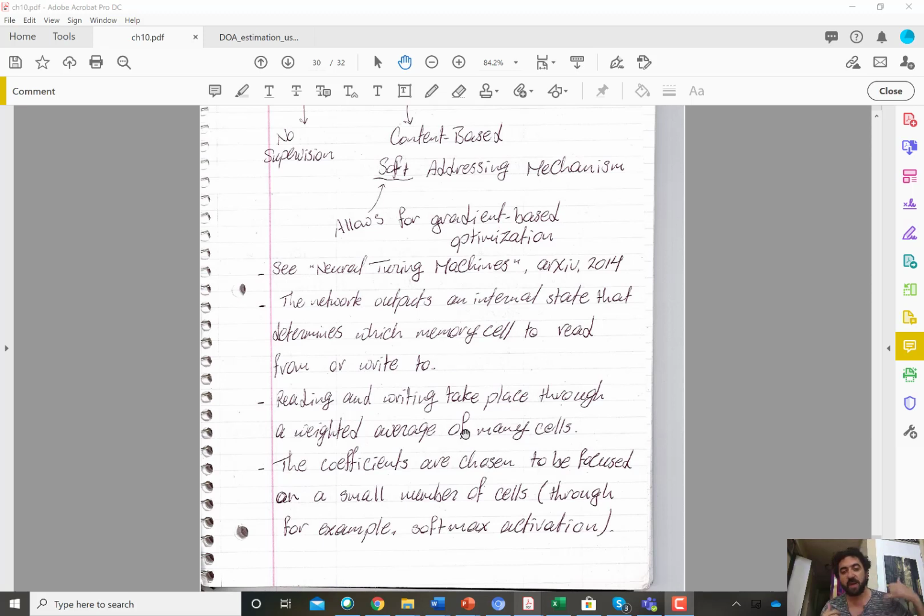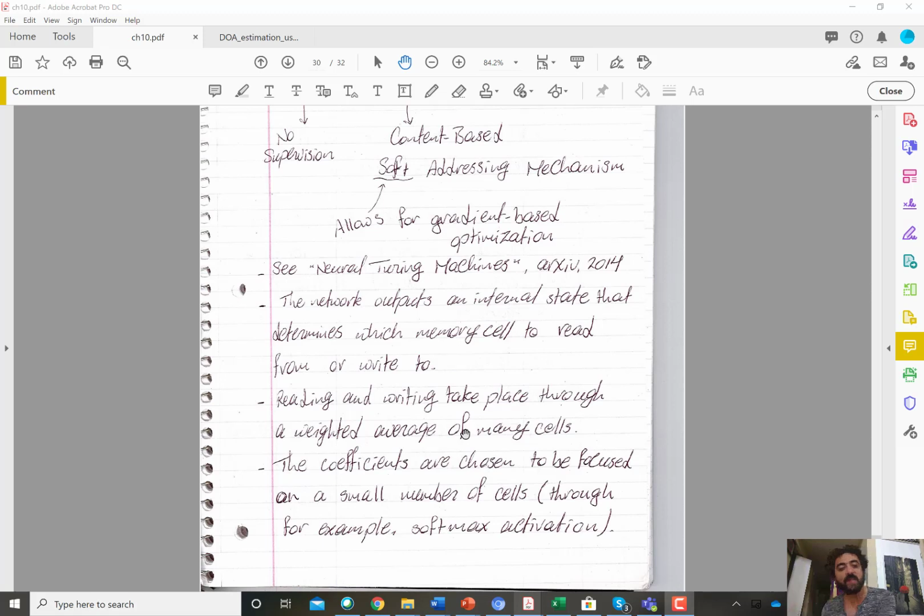So they access by content, by a key that is similar to the contents of memory cells, right? There is a similarity metric between the key and the content of the memory cells. It could be very similar to the content of one cell, a little bit similar to the content of another cell, and so on. So it's a weighted average, right?